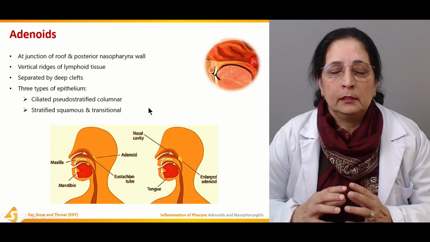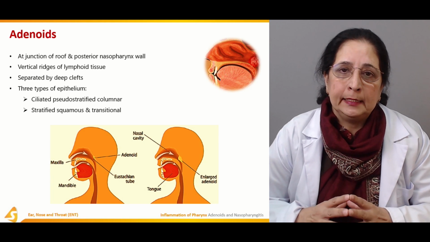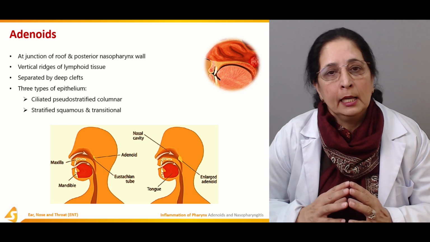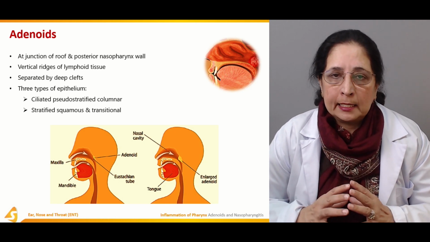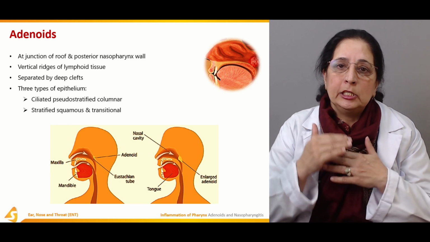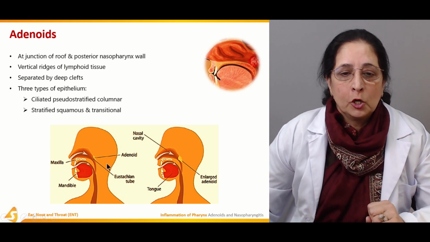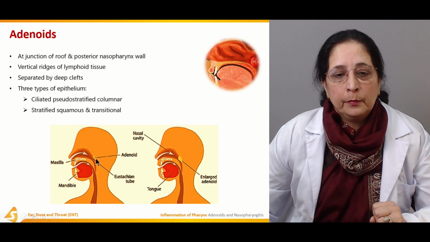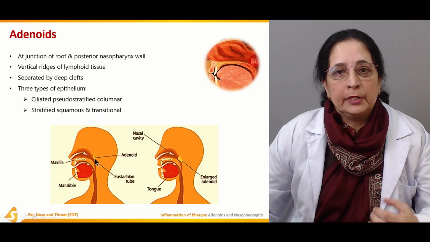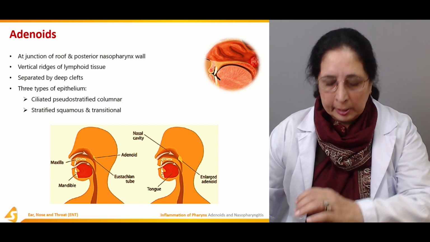So these are the three types of epithelium that make up the adenoid. And it's a lymphoid organ, lymphoid tissue present at the junction of the roof and the posterior nasopharyngeal wall. So that's the location of the adenoids.